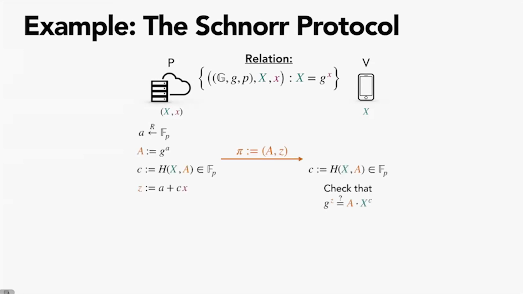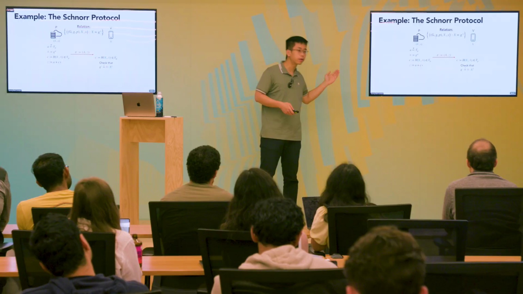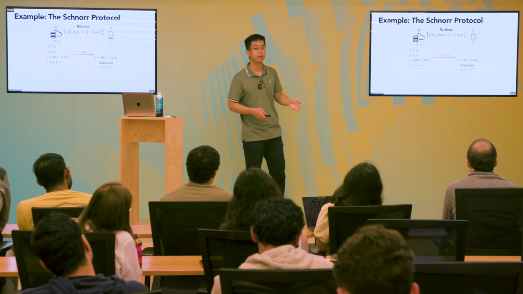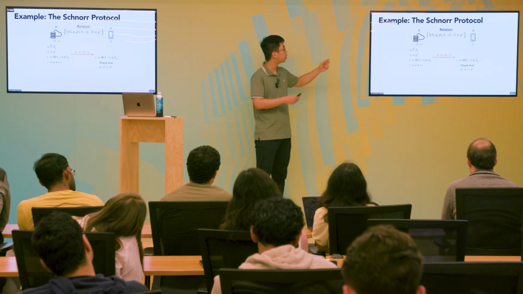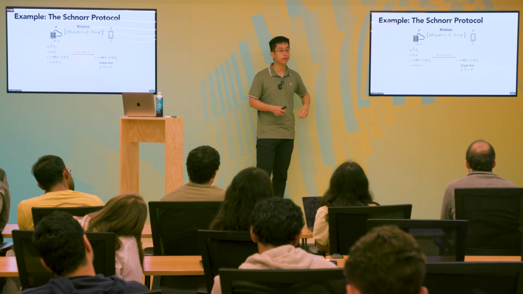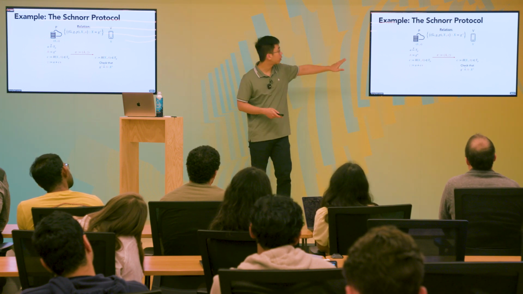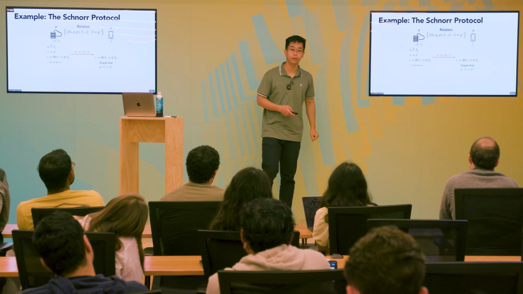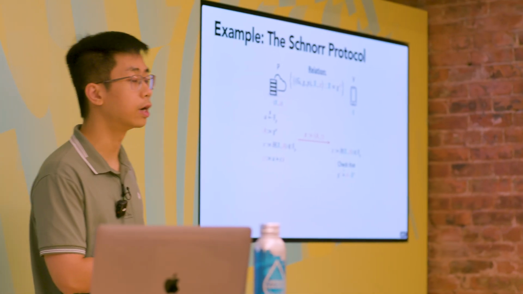Basically, the first message is just a random group element, right? The verifier is going to send a challenge, which in the non-interactive case is derived with the random oracle. And then the prover is going to send a response, which incorporates both the discrete log and the first message. And then there is some verification property that the verifier is going to check.